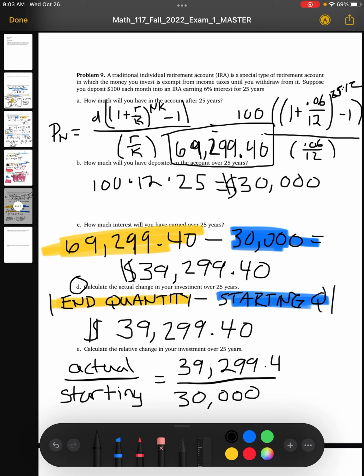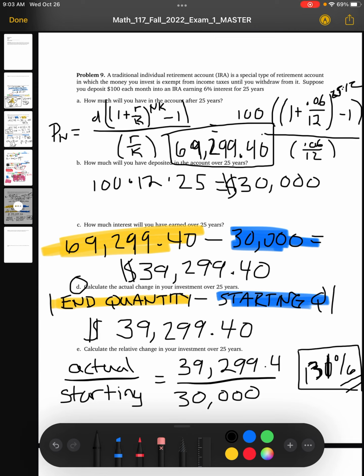And so this answer should be as a percent. So I'm going to divide in my calculator. And as a percent, this is 130%. Or 131% if you round correctly. I would have accepted 130, 131%.